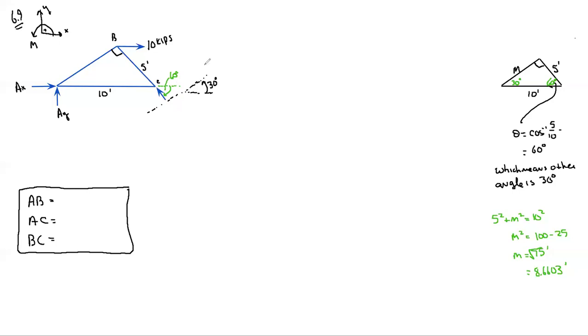Let me get a second color up here just so we can be very clear. If it's a 30-degree angle here, and this makes a 90-degree angle, then this green angle has to be 60. Okay. So I'll draw it over here real quick.